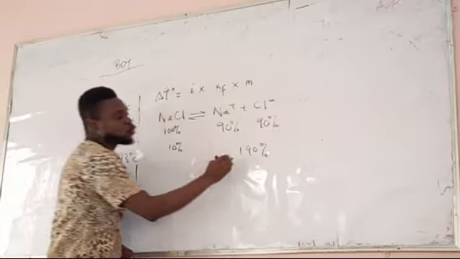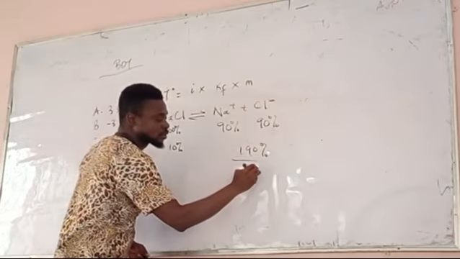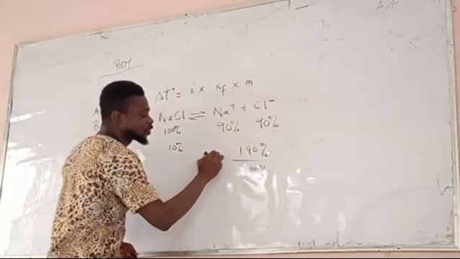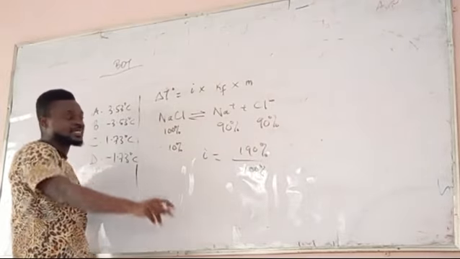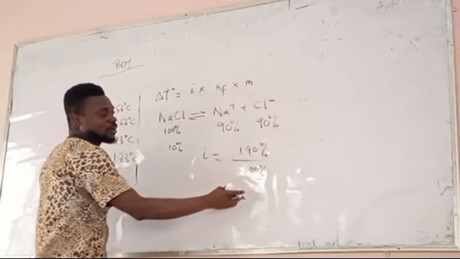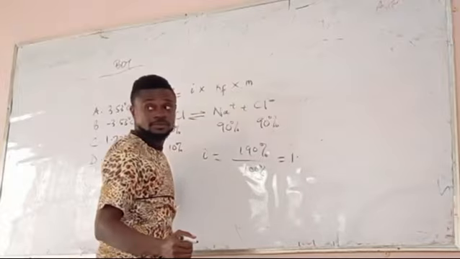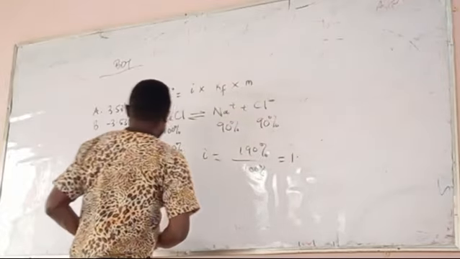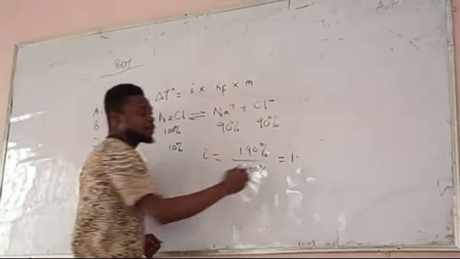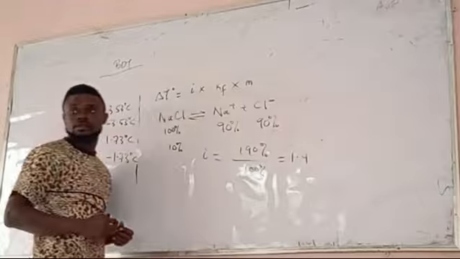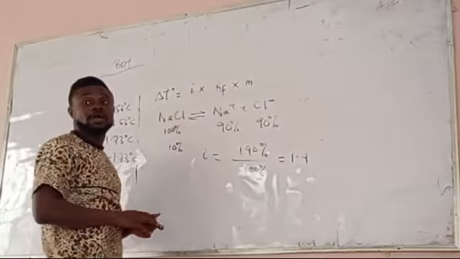But what was there before everything started? 100 percent. So the i factor for this sodium chloride that dissociated 90% is 190 divided by 100, which is 1.9.